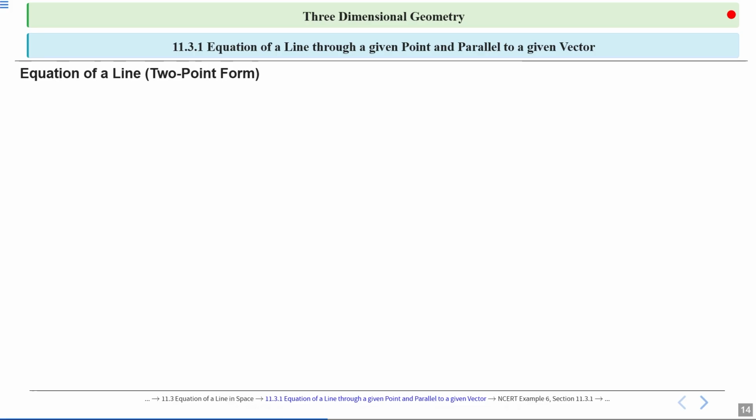Now let's look at the equation of a line in 3-dimensional geometry in 2-point Cartesian form. Suppose we have 2 points A and B with coordinates A as (x1, y1, z1) and B as (x2, y2, z2).